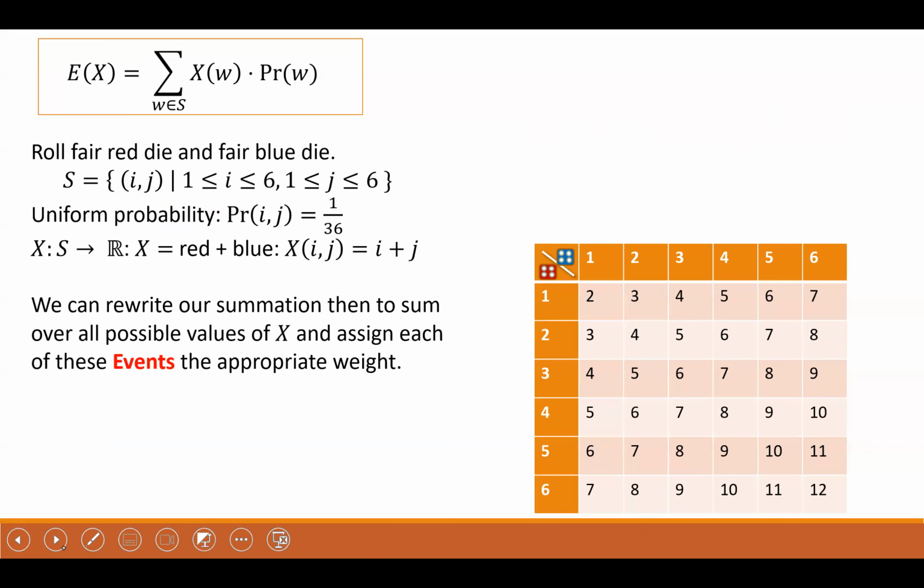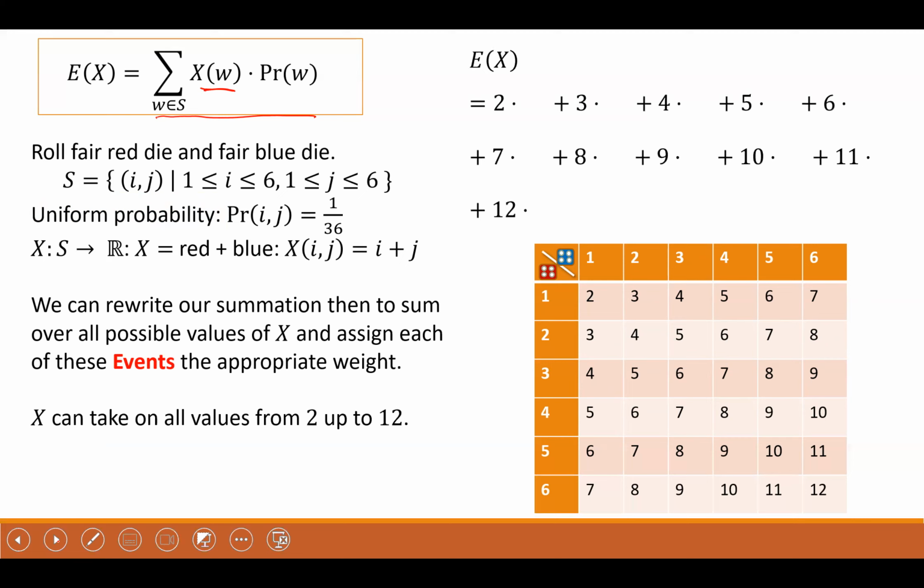Okay, so what we're going to do is rewrite this sum, in all its brutal, completely written out form, but then we're going to gather terms that all have the same value in front of them. So all these terms have the common factor, which is the value of that random variable.